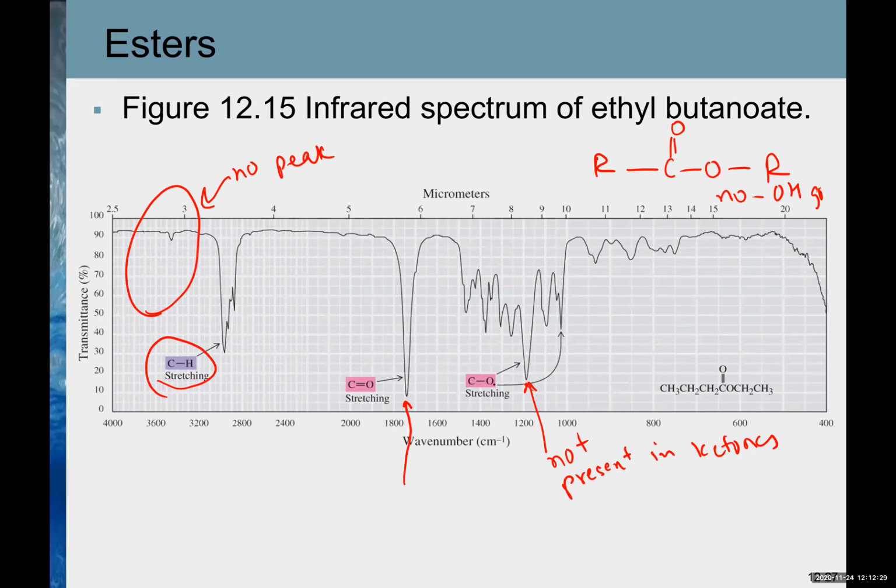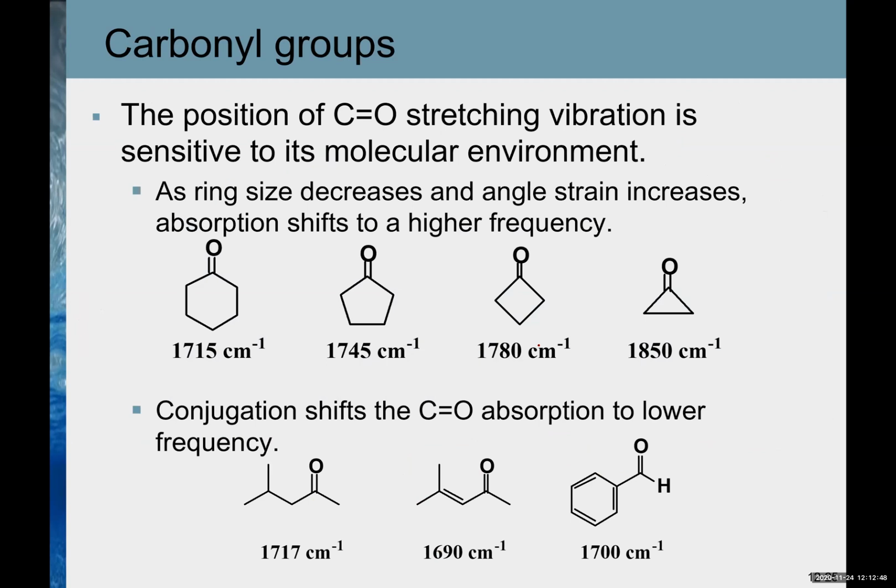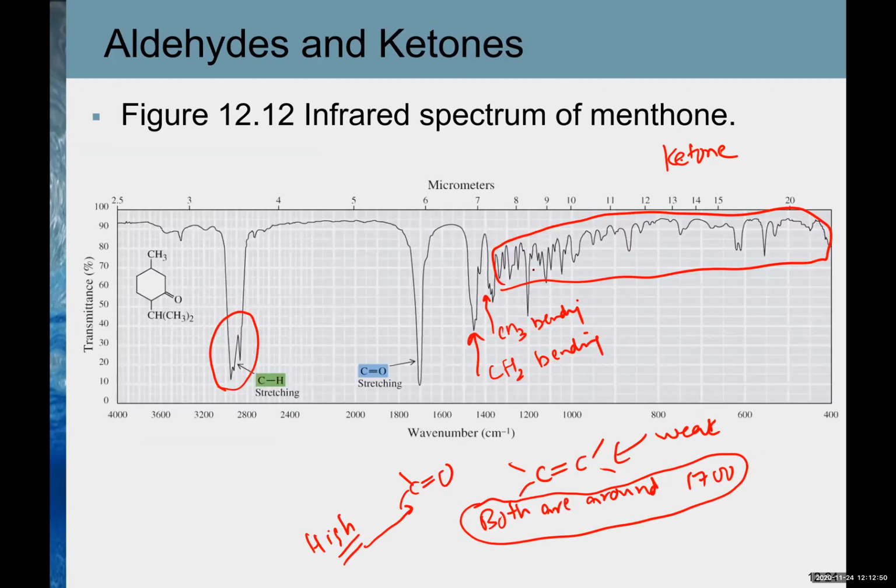It could be anywhere between 1000 to 1200. In this ethyl butanoate, it's at 1200. So that's one way of distinguishing esters from ketones, presence or absence. Let's go back to our ketone. See, at 1200, the CO peak is absent.